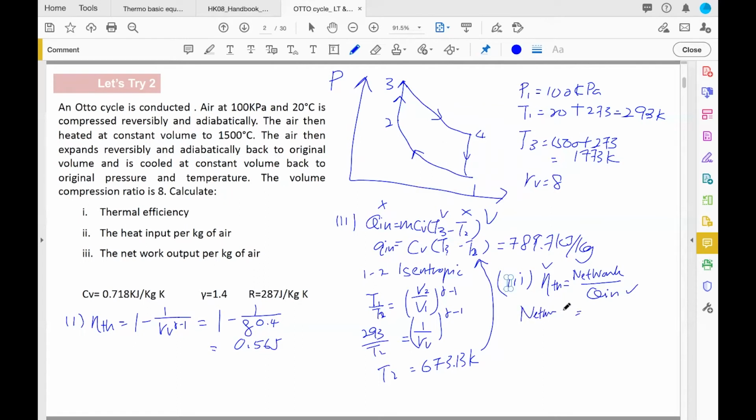So the net work is 0.565, which is the thermal efficiency, times the q in. The q in is 789.7. So you will have 446.2 kilojoule per kg. That's it. All right, let's move to question number 3.